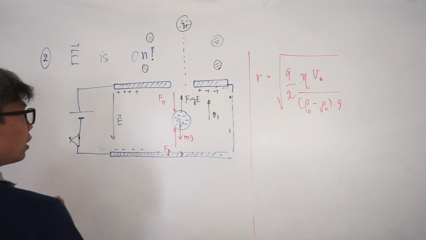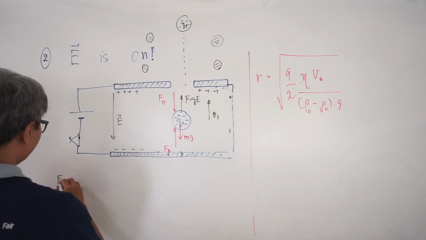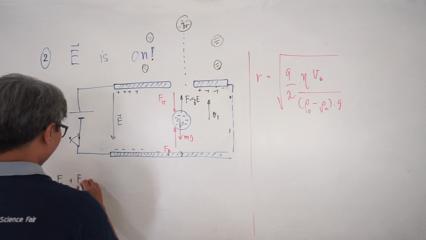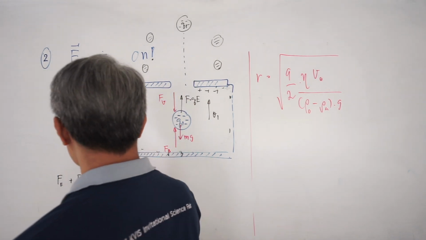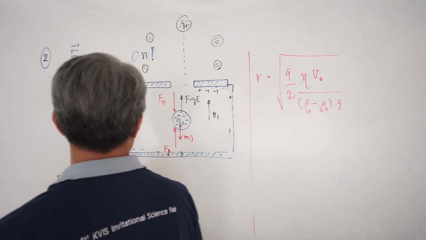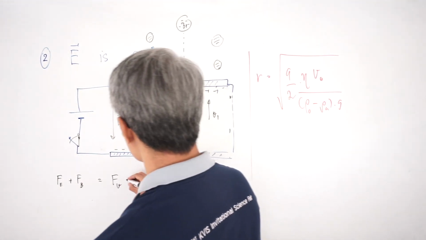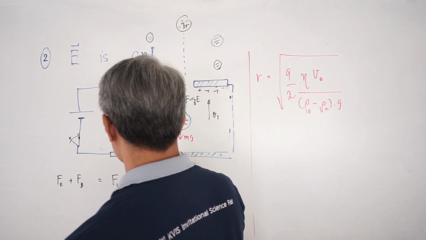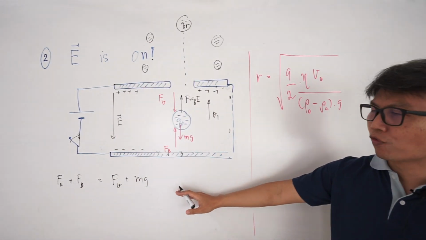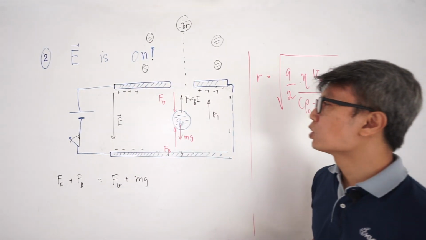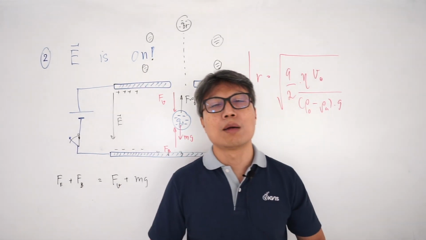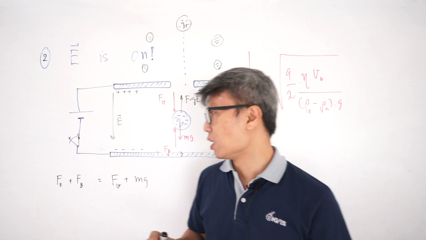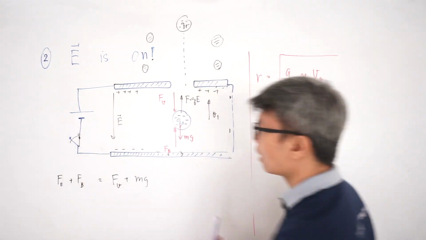The force from the electric field plus the force from the buoyant force should be equal to the viscous force plus mg. I think you agree with me on this equation of motion, if we assume that our drop is moving with constant speed and therefore no acceleration.